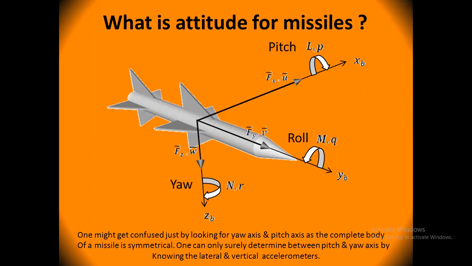It can only be determined by people who know about the lateral and vertical accelerometers. They are the ones who can understand which is the actual direction it is working in. This is the most important thing of a missile, because it is completely symmetric, and the roll will be in the y direction.